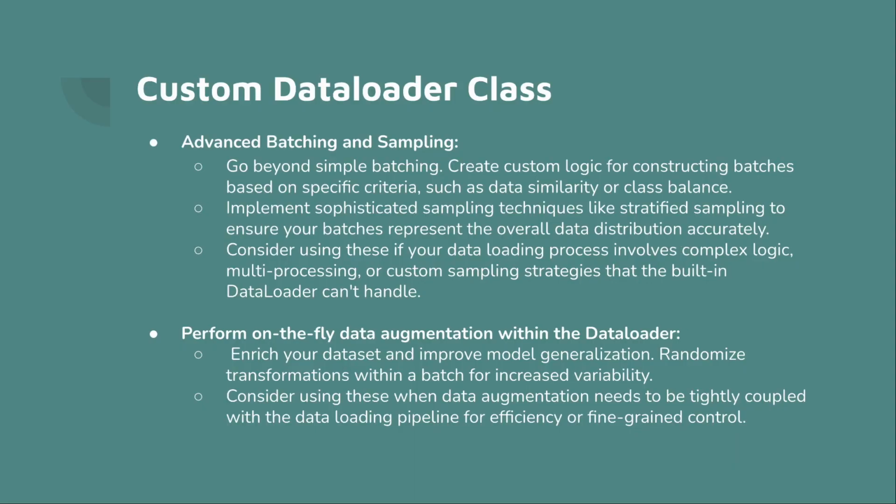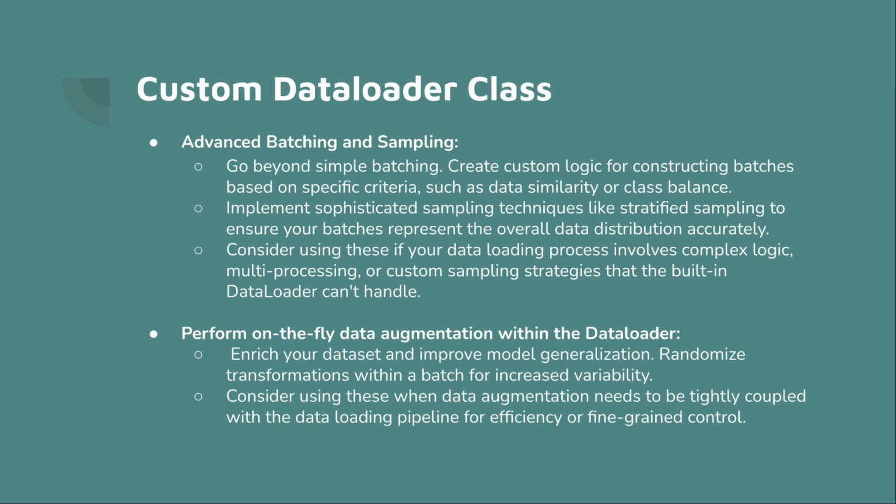Custom data loader classes. Being able to create custom data loaders can be a very handy and powerful tool. It can help you go beyond simple batching by creating custom logic for constructing batches based on criteria such as data similarity or class balance. Consider using these if your data loading process involves complex logic, multiprocessing, or custom sampling strategies that the built-in data loader can't handle.